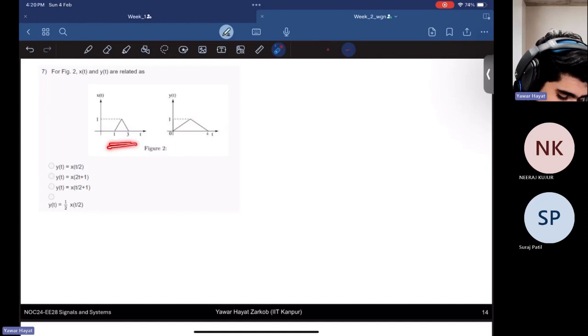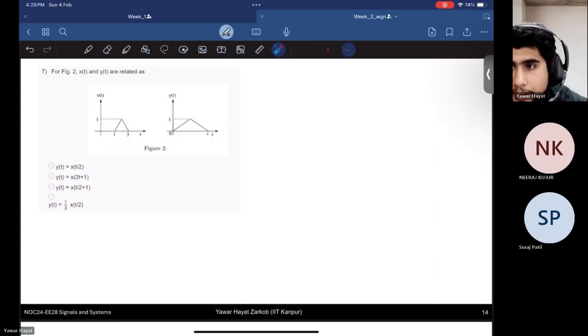There is this time scaling, right? It existed for 2 units in x of t and it's existing for 4 units in y of t. Then first option, sir, x of t by 2. Will that give us the answer?